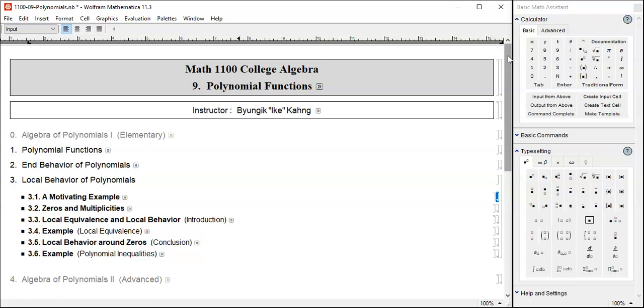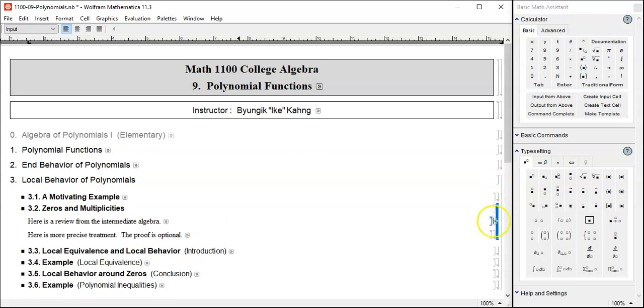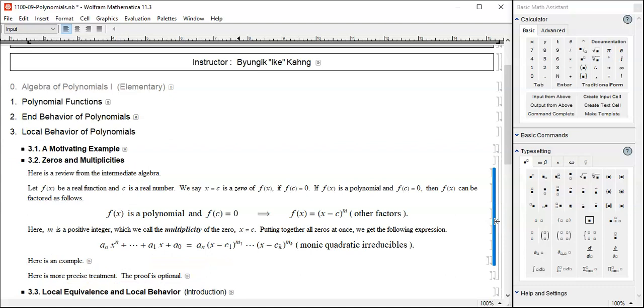Please be patient. We're going to go back to that local equivalence and the local behavior, but before that, a little bit of a review. Alright, f of x is a real function and f of c is 0, then we're going to say x equals c is a 0 of that function. Everybody remembers that, right?